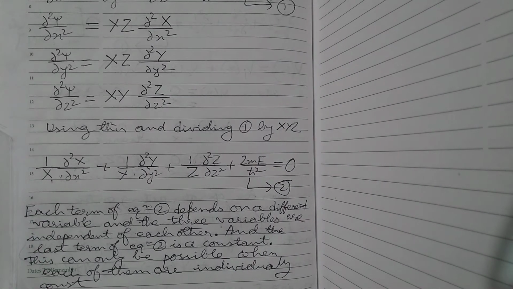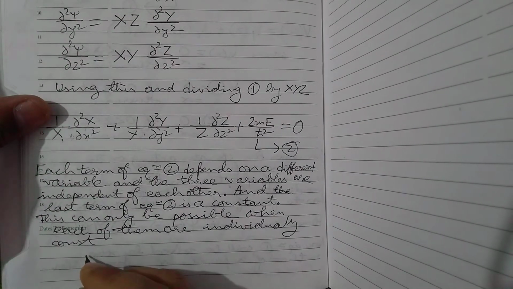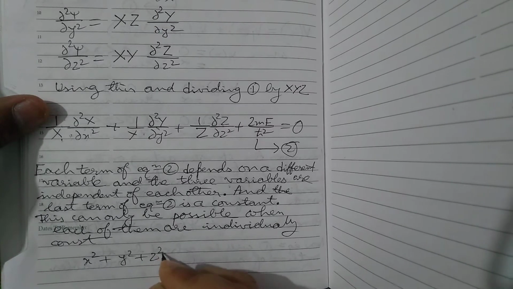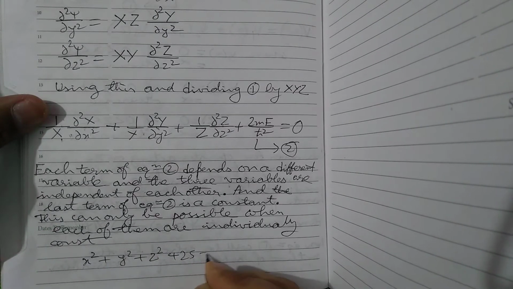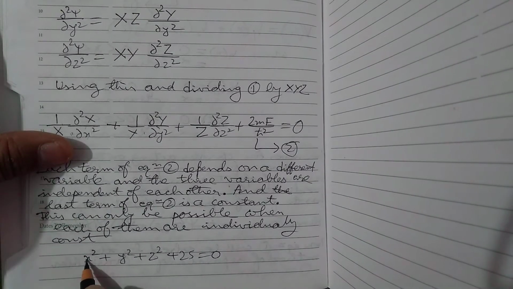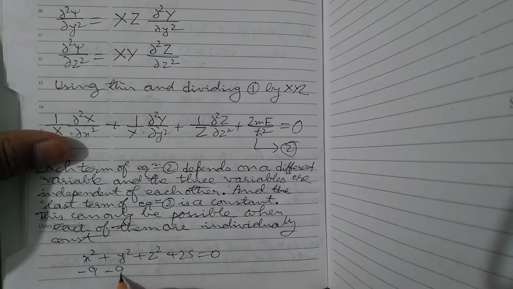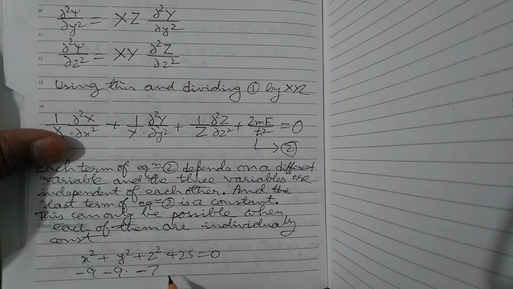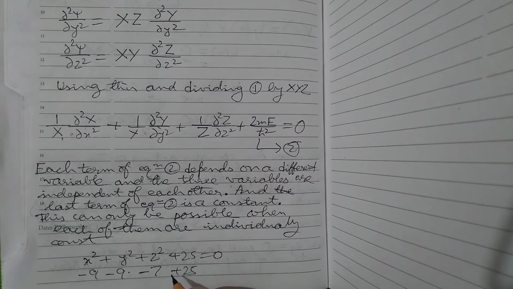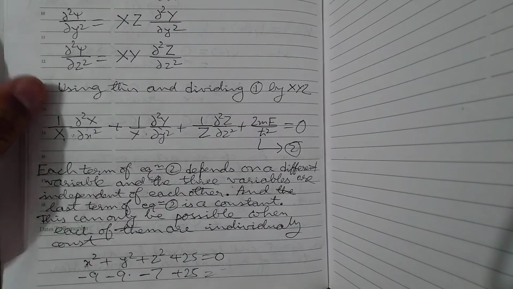Suppose, for example, we have an equation of this kind: x square plus y square plus z square plus 25 is equal to 0. When can this be possible? Say this is minus 9, this is also minus 9, this is minus 7, plus 25, it becomes 0. So each of them is equal to some constant.